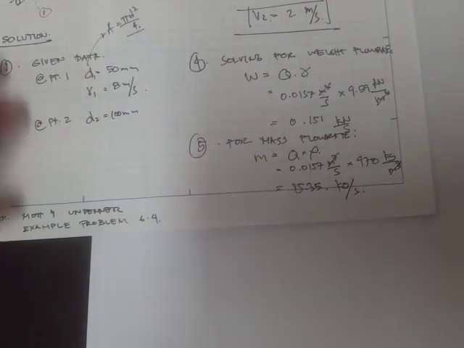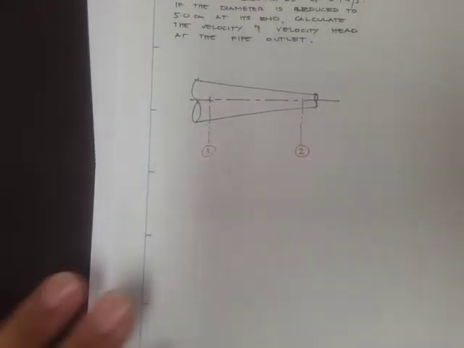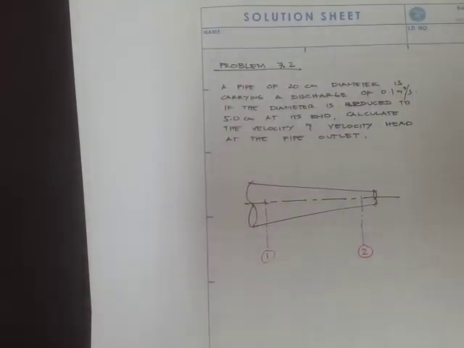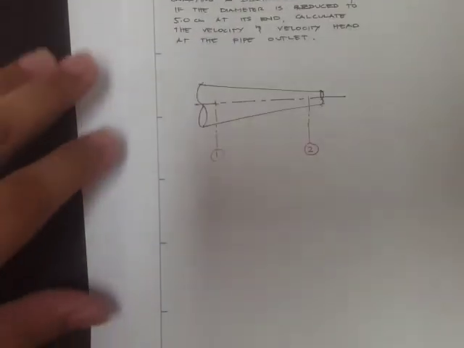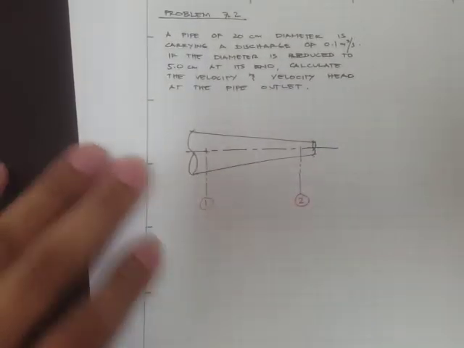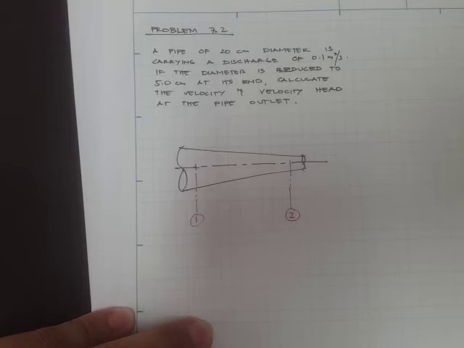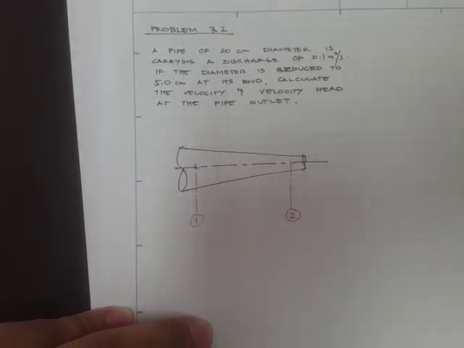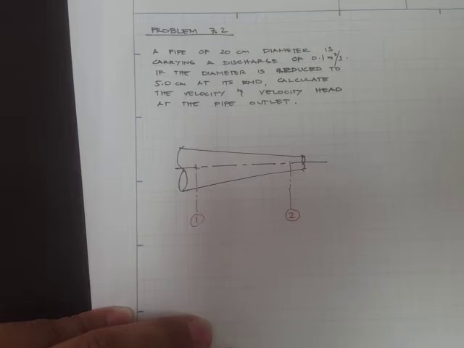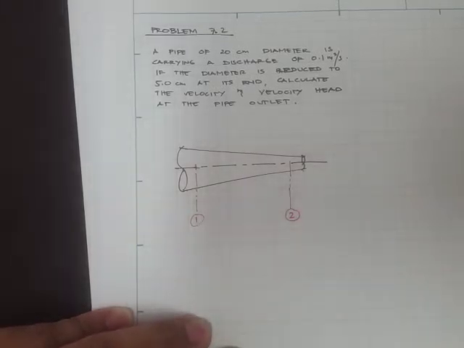All right, now we'll do another problem regarding this conservation of mass or the continuity equation. Okay, the next problem, we have a pipe of 20 cm diameter. It says that it is carrying a discharge of 0.1 meter cube per second. If the diameter is reduced to 5.0 cm at its end, calculate the velocity and velocity head at the pipe outlet.